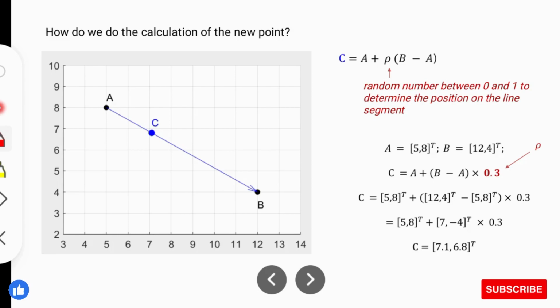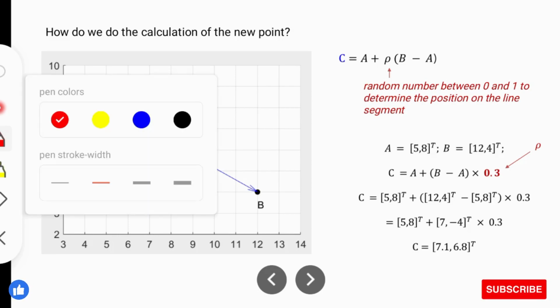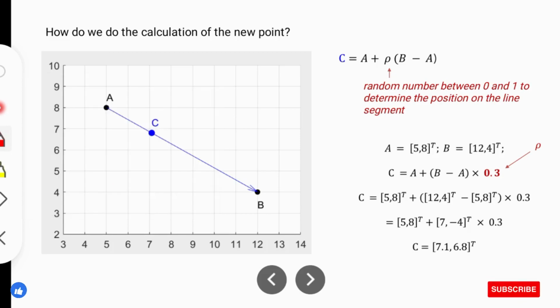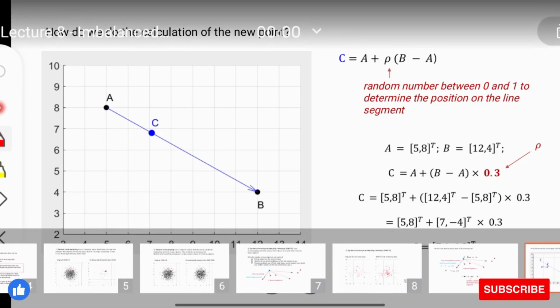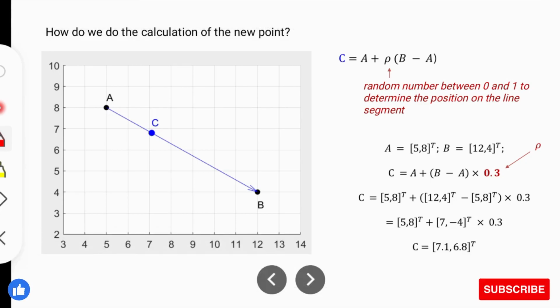Now, I times this bit together first. So 0.3 times 7 is what? What's a third of 7? 2.1. What's a third of minus 4? Minus 1.2? Yeah, that's good enough based on the numbers I put in there.